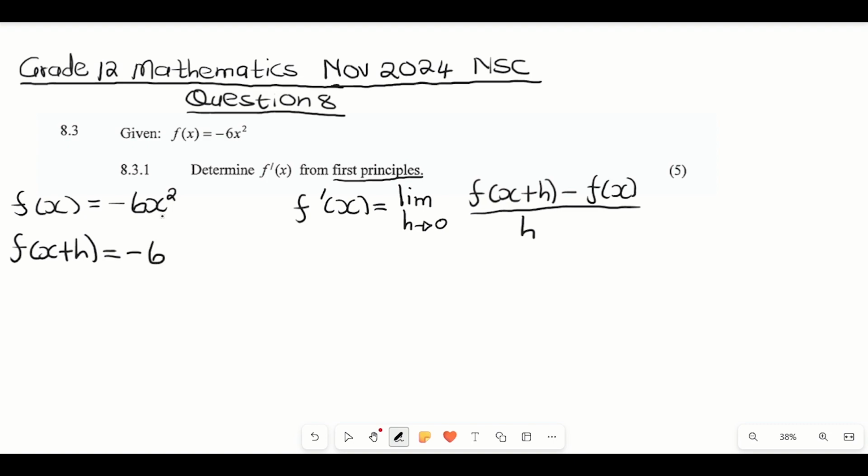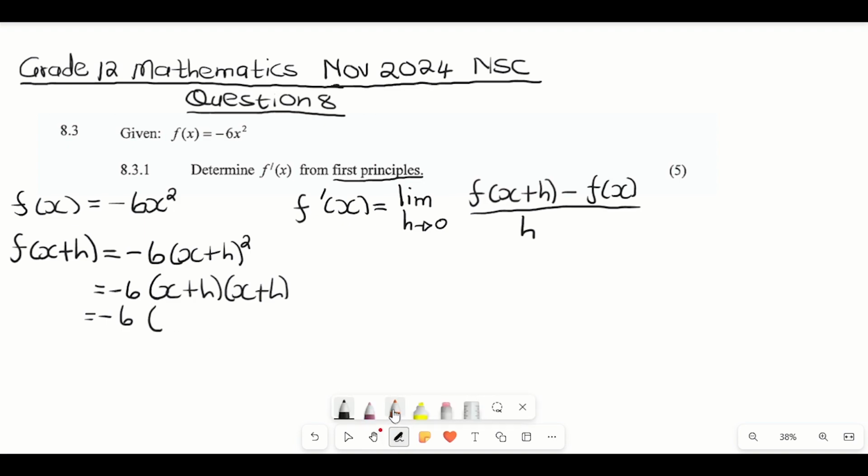So here, instead of writing f of x, we have f of x plus h equals minus 6, where we see x, we put x plus h squared. When a bracket is squared, it means it's two brackets multiplying each other. Then we can multiply the brackets out.